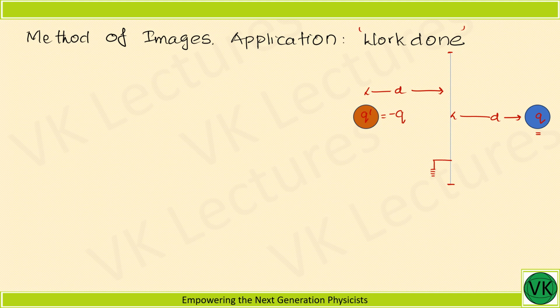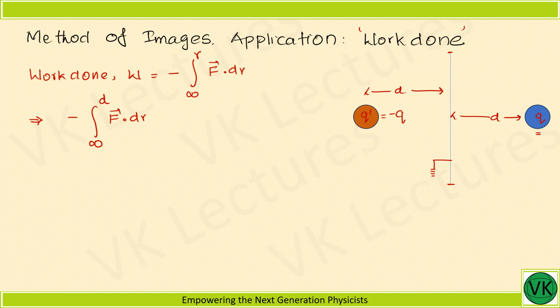Now to find the work done, work done W can be written as minus integral F dot dr from infinity to point r. Here this r can be replaced by minus integral from infinity to d, the distance from the conducting plate, F dot dr.